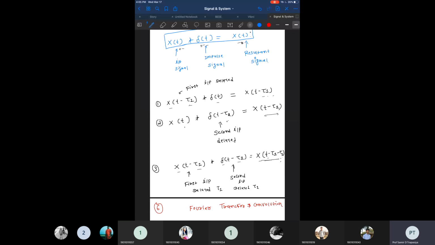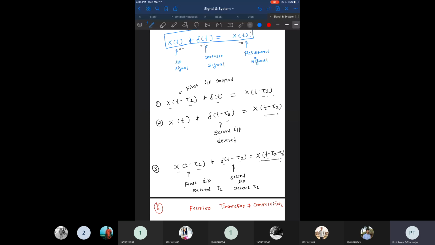So the convolution property will tell us what happens if we apply convolution in the time domain between the two signals x1 of t and x2 of t, and we take the transform into the other domain, I mean the frequency domain. This is the frequency domain, and this is the time domain.